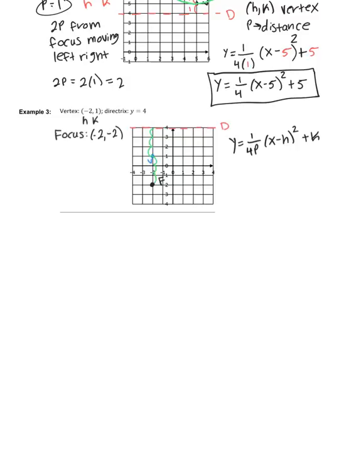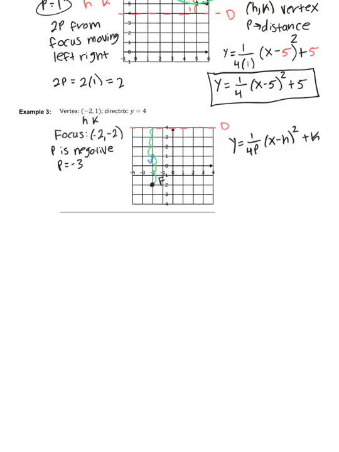So this means that when I draw my parabola, it's going to have to be facing down because it has to be opening in the direction of the focus. So that means that since your graph is facing down, p is going to be a negative number. So my p value here, my overall distance is 3, but since I'm facing down, that p value is going to be a negative 3.